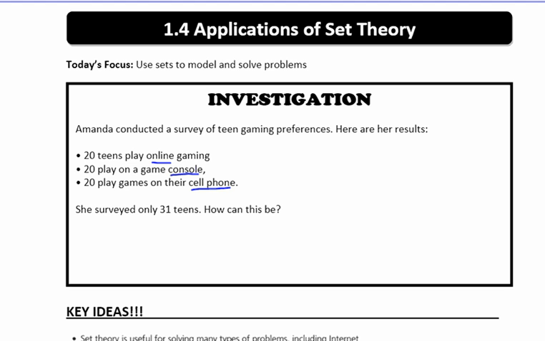Tetris? Okay. She surveyed only 31 teens. How is this possible? Okay. Some teens play what? Some play more than one.